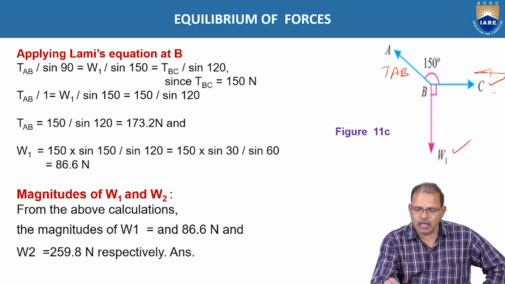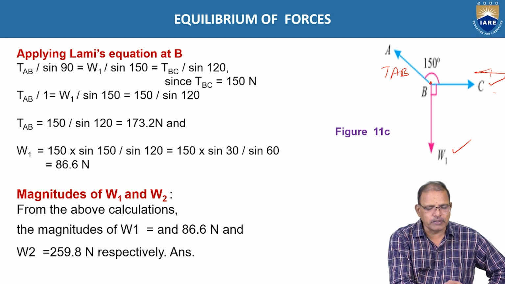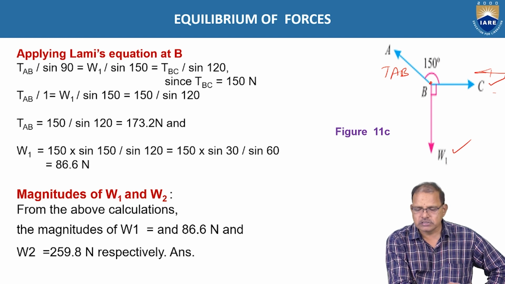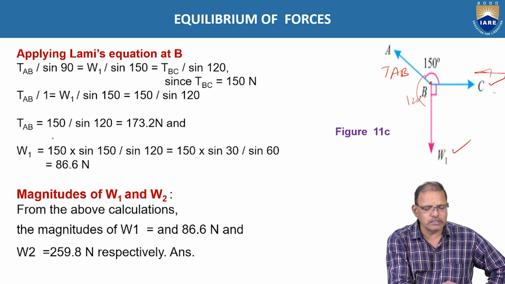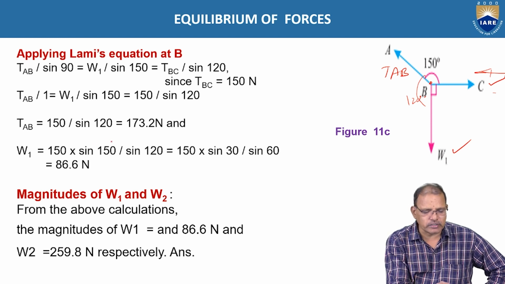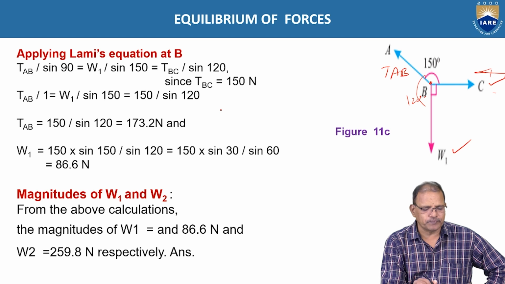Now applying Lami's principle at point B, TAB divided by sin 90 is equal to W1 divided by sin 150, which is equal to 150 divided by sin 120. This angle is equal to 120 degrees. From this relation we get TAB equal to 150 divided by sin 120, which is equal to 173.2 newtons.